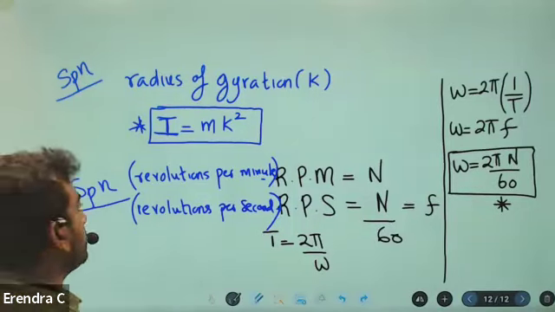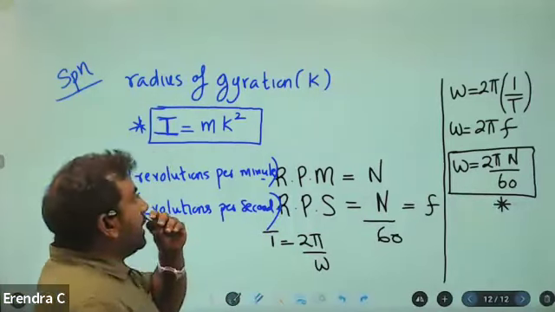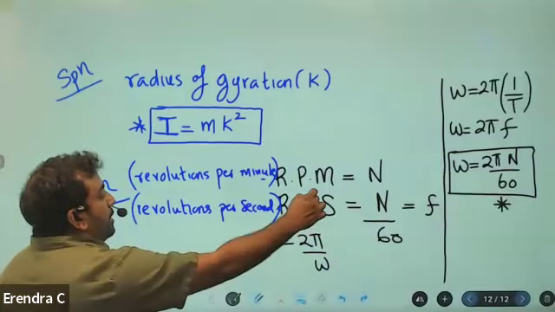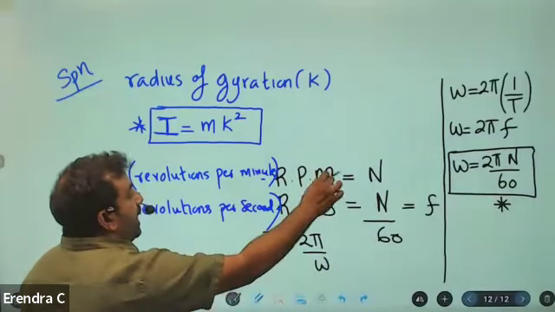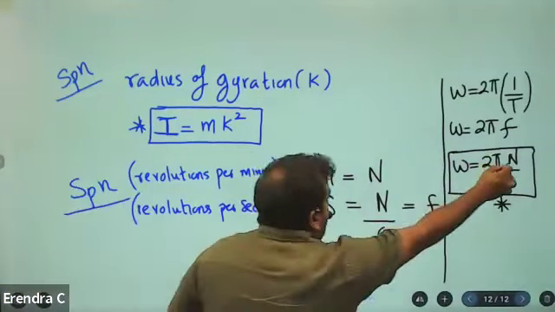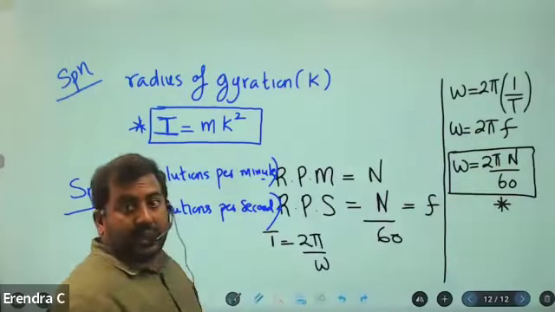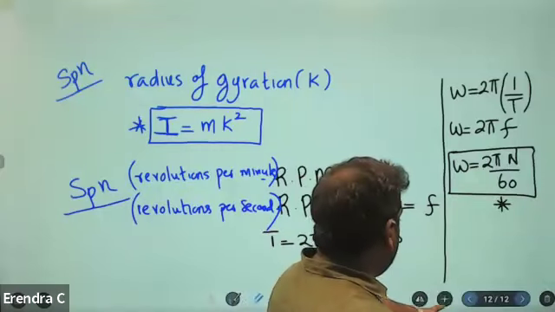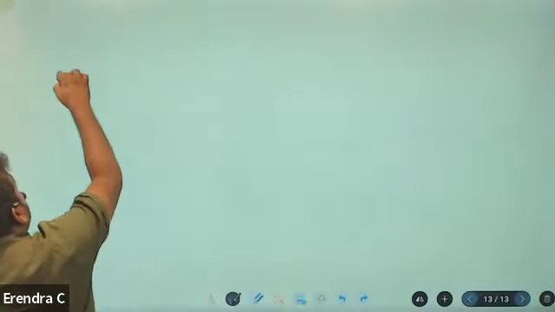Two more simple ones. RPM is given, don't be afraid, omega equals 2 pi N over 60. N is in RPM.